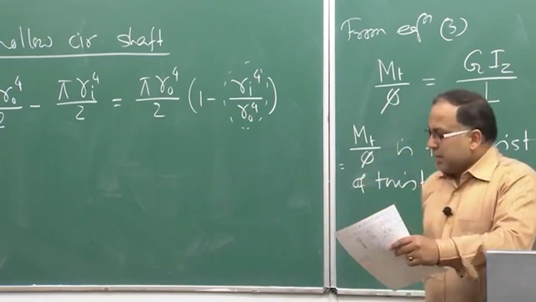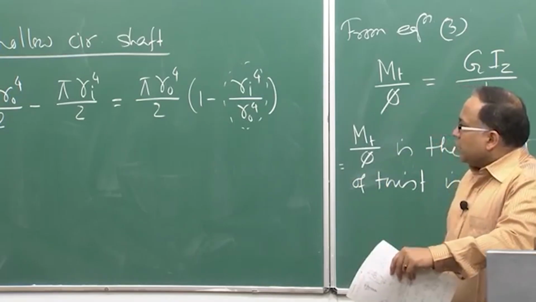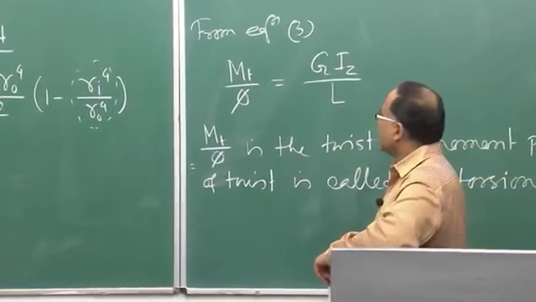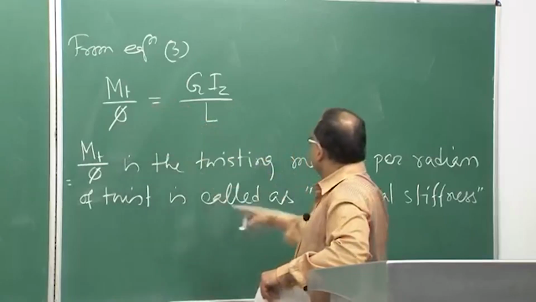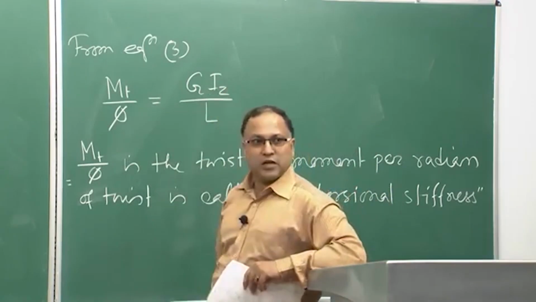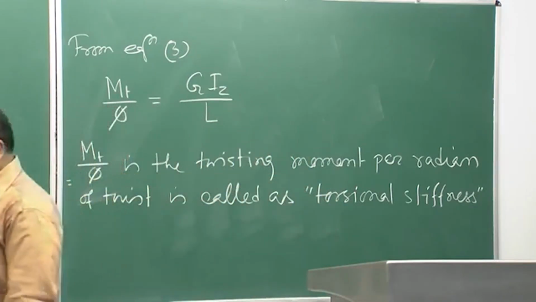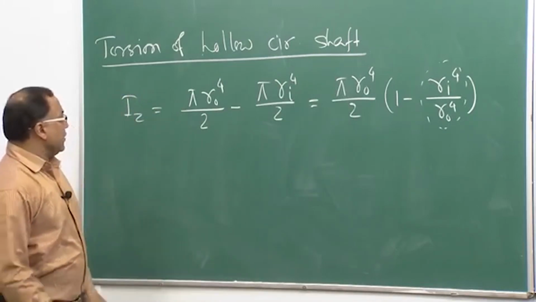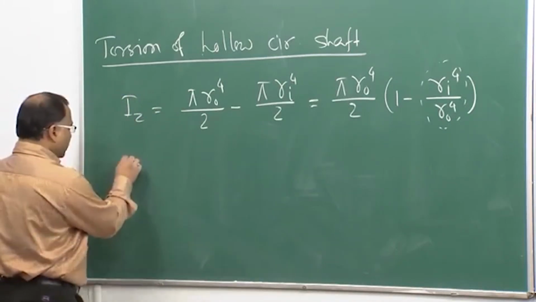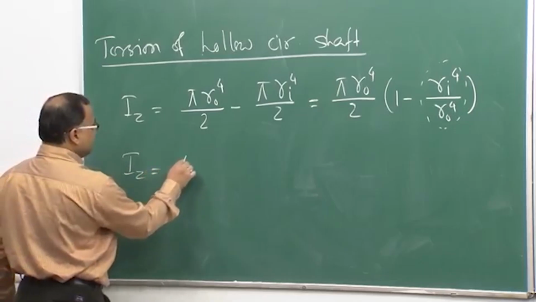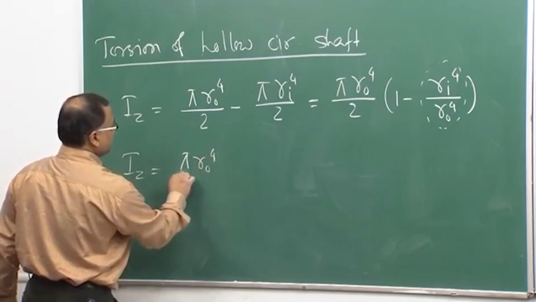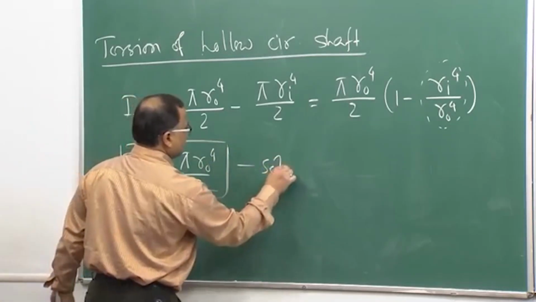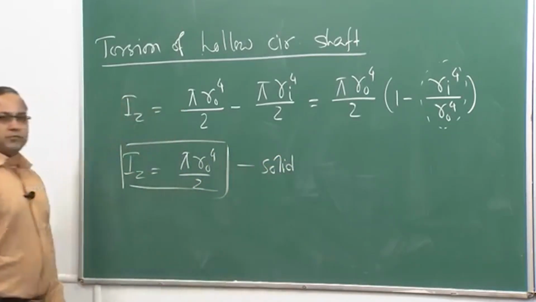As I told you, if your G and L are constant, then your torsional stiffness is completely dependent on the polar moment of inertia. Now, if you apply this expression to a solid circular shaft, then Iz will be simply pi Ro to the power 4 by 2.